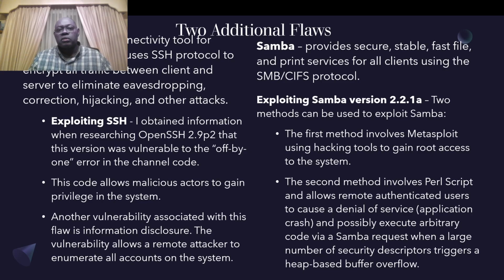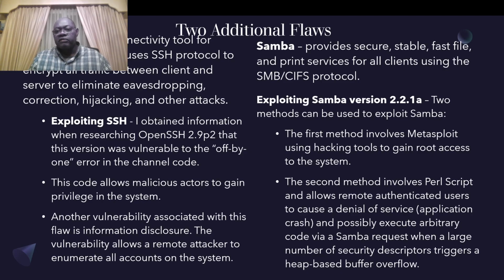Another flaw is Samba. Samba provides secure, stable, fast file and print services for all clients using the SMB/CIFS protocol. When exploiting Samba version 2.2.18, two methods can be used to exploit it. The first method involves Metasploit using a hijacking tool to gain root access to the system.